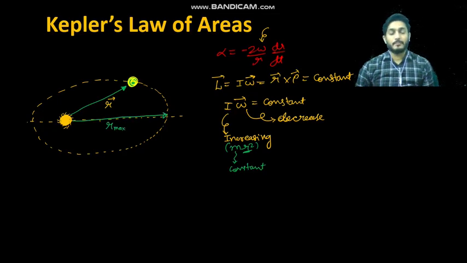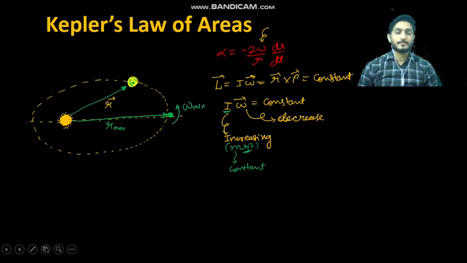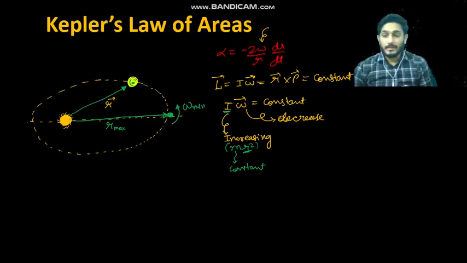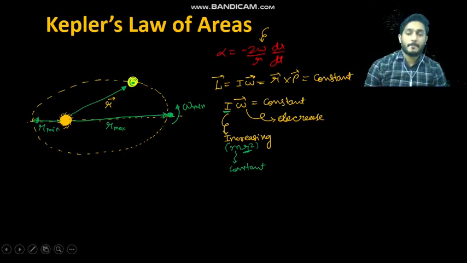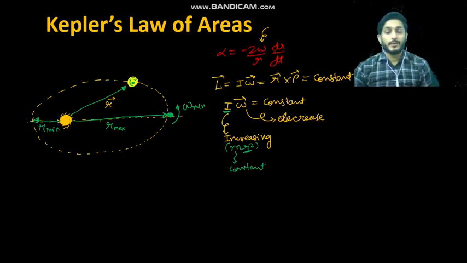At that point of time, moment of inertia of the planet about the sun must be maximum. And since I is maximum, omega must be minimum. So at that instant of time, omega must be minimum. And on the other side, this is the minimum separation of the planet from the sun. And since this is the minimum separation, moment of inertia would be minimum, and at that location of planet, omega must be maximum.